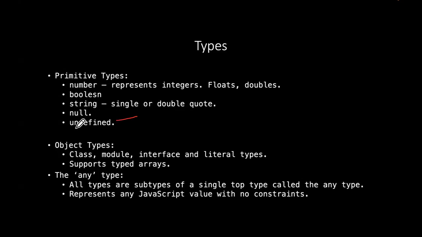Can anybody tell me when a variable might have the undefined value associated with it? When you declare a variable, you may or may not want to initialize that variable when you declare it. If you don't initialize it, what value does a variable have in JavaScript?